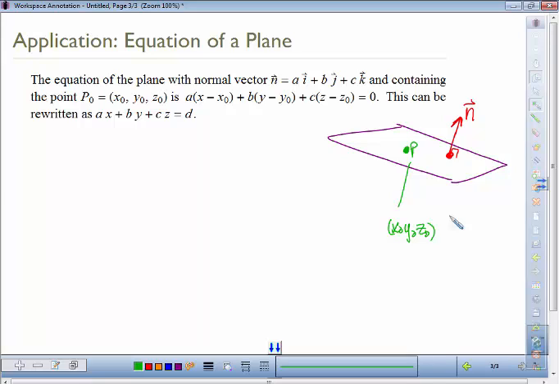So similarly, if you want to find an equation of a plane, all you really need is a point, and our point in this case will be x naught, y naught, z naught, and a normal, which is kind of like your direction. I wouldn't call it your slope, because a slope is just one number, and I wouldn't even call it direction, because it's actually perpendicular to the plane, so it's not really a direction, but we can think about it as some sort of directional thing.